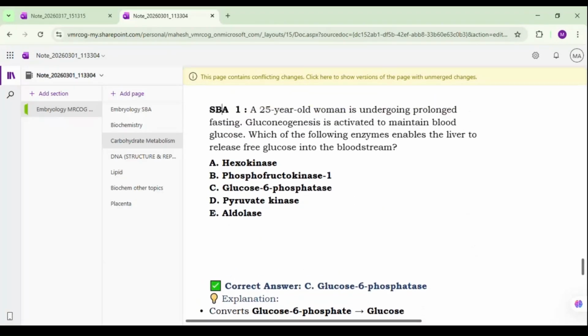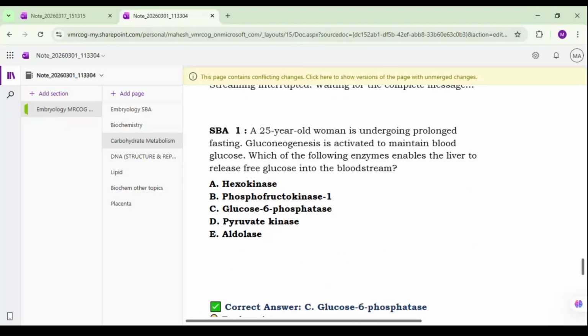We have a few questions, doctor. Will you please start the questions, doctor? Yes, sir. A 25-year-old woman is undergoing prolonged fasting. Gluconeogenesis is activated to maintain blood glucose level. Which of the following enzymes enables the liver to release free glucose in the bloodstream? Hexokinase, phosphofructokinase, glucose 6-phosphatase, pyruvate kinase, or aldolase?